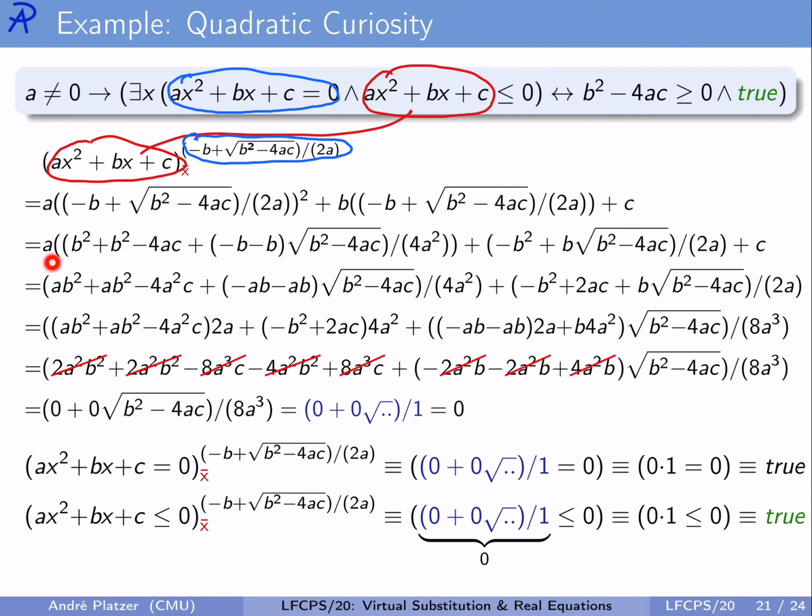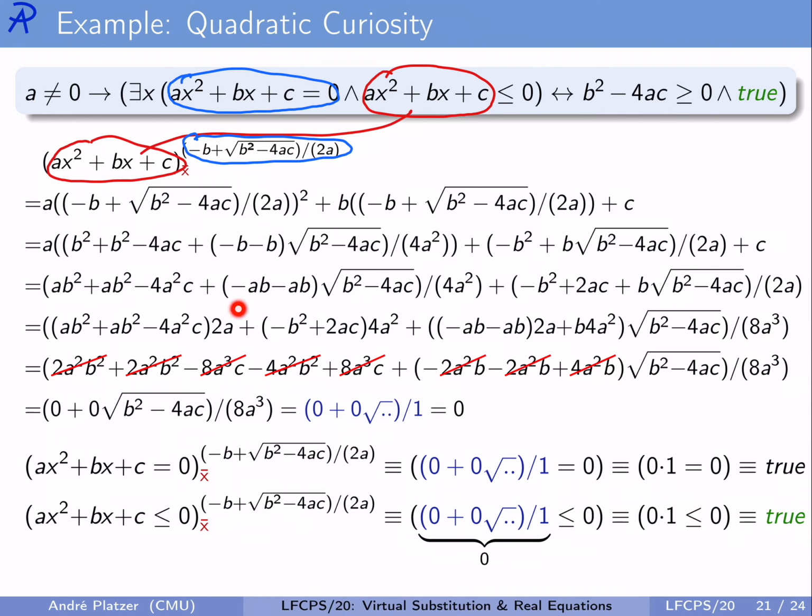Denominator is unchanged because this one has denominator 1 implicitly, of course. That's unchanged. Now we add, for the same square root expression, something division 4a squared and 2a, which means we're ending up with the multiple 8a cubed.